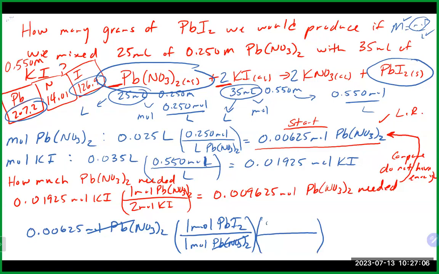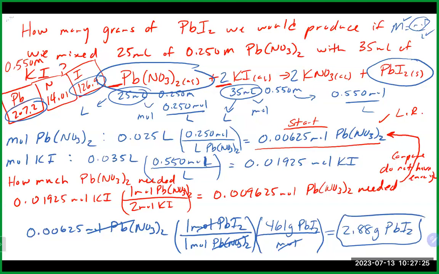Going to give me 461 grams of PbI2 per mole. Moles will cancel. And we will end up with about a whopping 2.88 grams of this solid would be produced in this case. This is your theoretical yield.